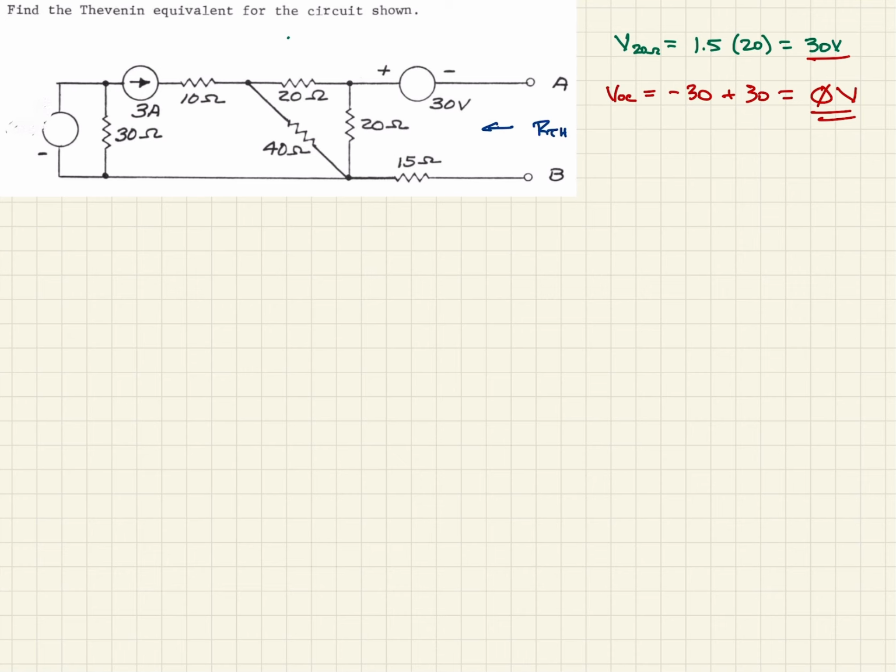So we can take this voltage source and short it out. So we put a short in place of there. And then we also have a voltage source here. So we short that one out. So it's as if it's not there. So there's the short on it.